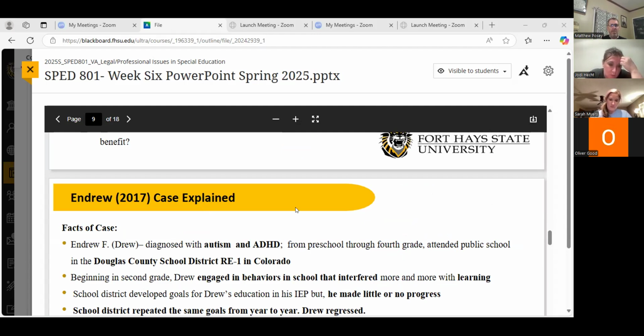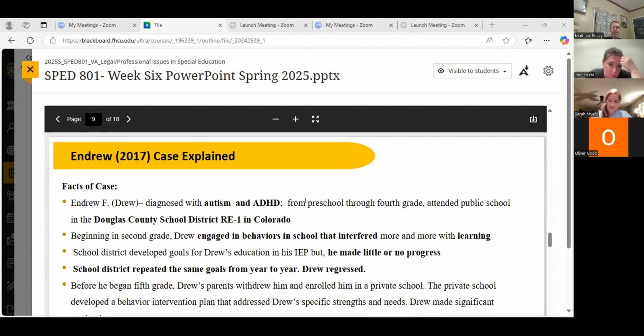Beginning in second grade, Drew engaged in behaviors in school that interfered more and more with learning. The school district developed what they felt were appropriate goals for the student in his IEP, but he was making little to no progress. The school district repeated the same goals from year to year.